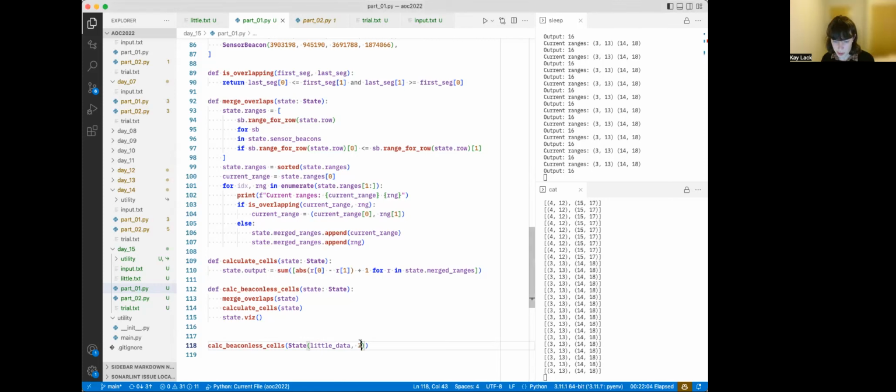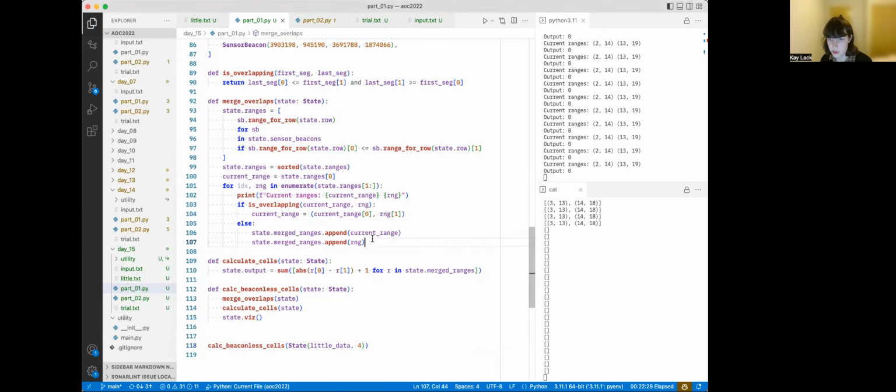Then the next one is where it gets hairy. And we get, okay, that's no good. It should be 1, 2, 3, 4, 5, 6, 7, 8, 9, 10, 11, 12, 13, 14, 15, 16, 17, 18. So it should be 18. But it's not doing it.